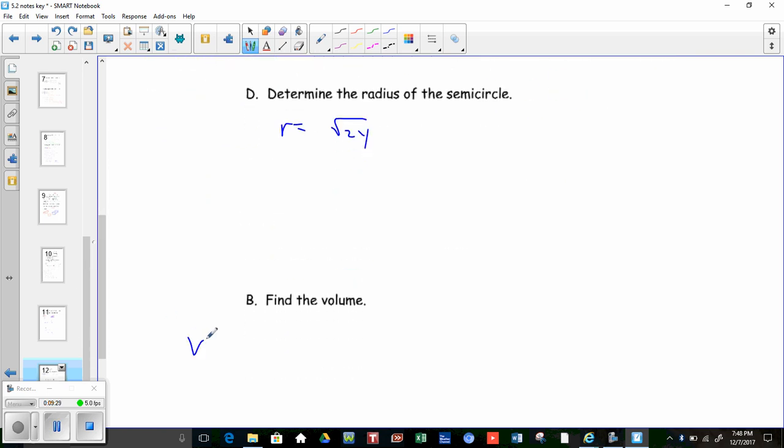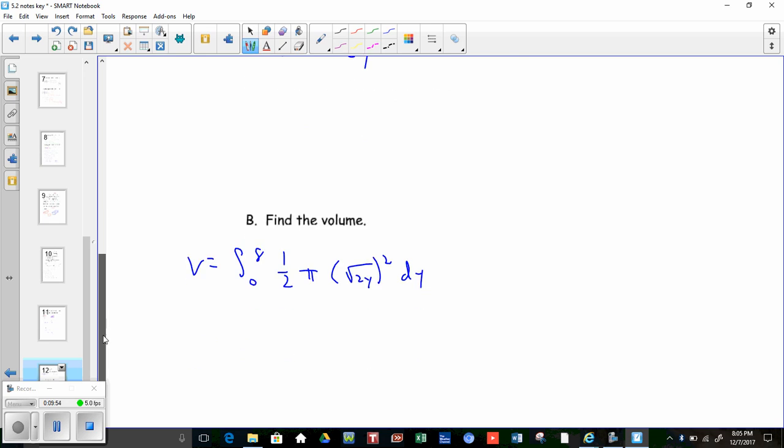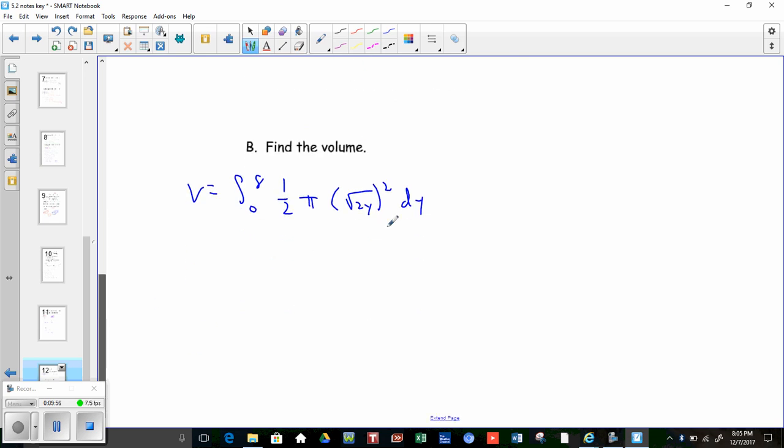So the volume equals the integral from 0 to 8. The area of the semicircle is 1/2 pi r squared, and our r is root 2y, and because it's y, it's going to be dy. This one should work out pretty nicely as well.